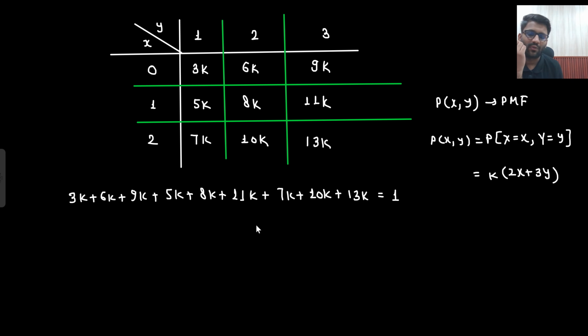Okay, what is it coming out to be? 72k, and that is equal to 1. So the value of k is coming out to be 1 by 72.